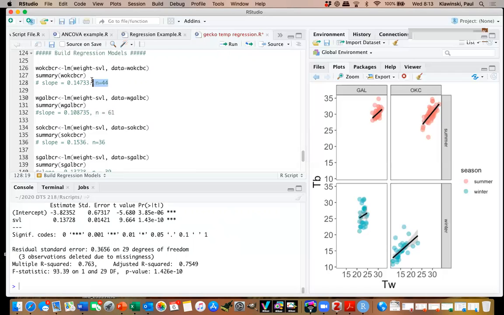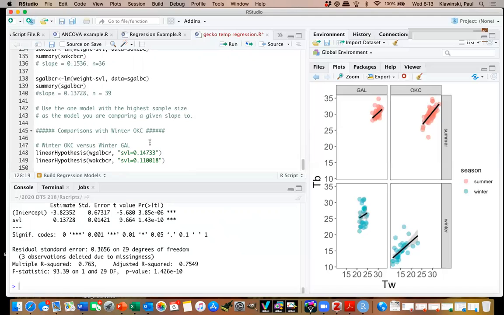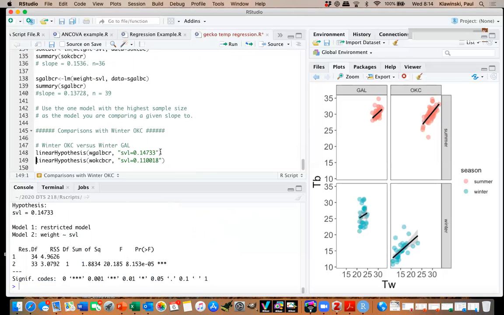The Winter Oklahoma City data has a sample size of 44. If you compare the Winter Oklahoma City slope to the Galveston model, it's going to give you a highly significant difference, 8.153 times 10 to the minus 5th.